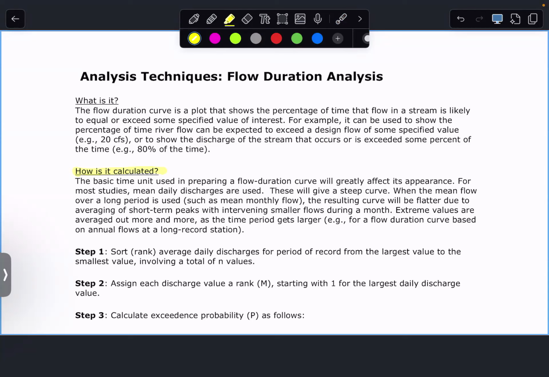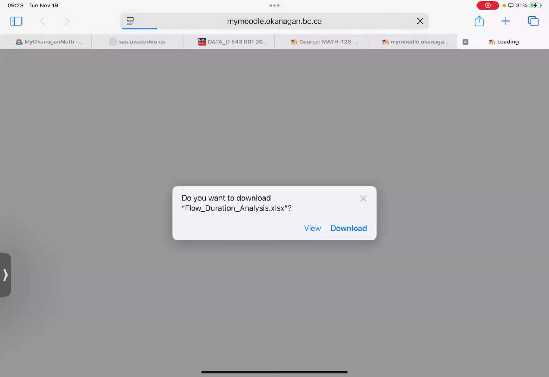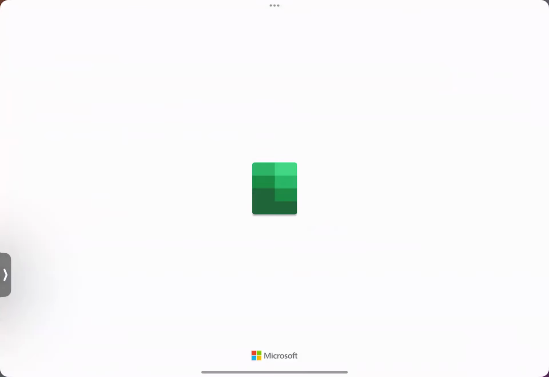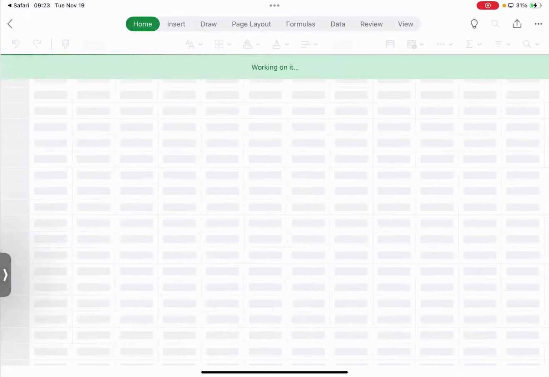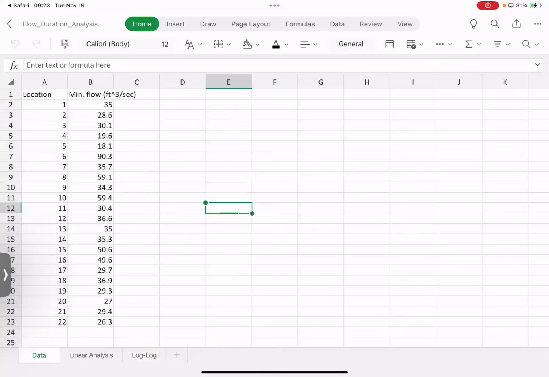Okay. If we have some flow, and I gave you a download maybe. See if it'll open it on my iPad. Here's some data that we have. Okay. We have a location number, and we have the minimum flow over some time period.